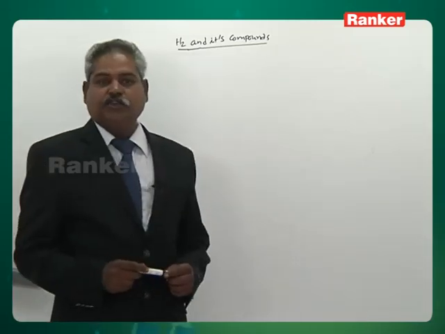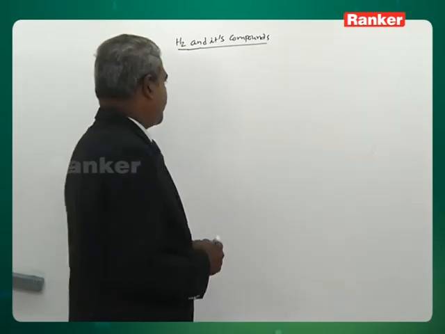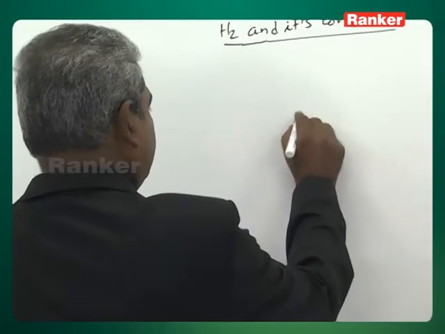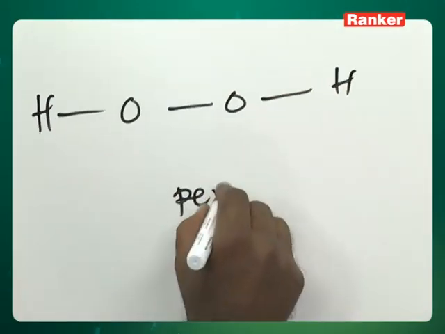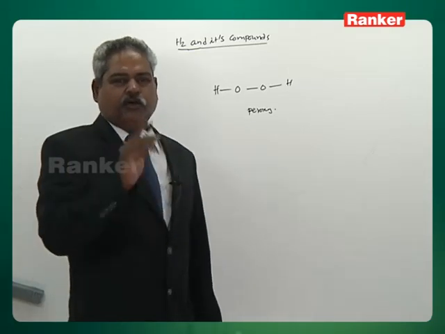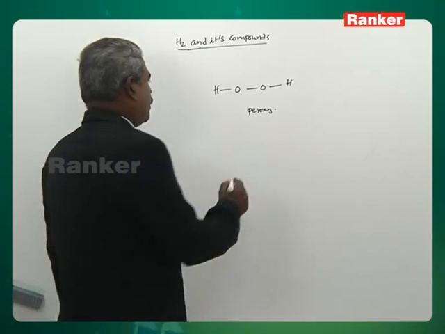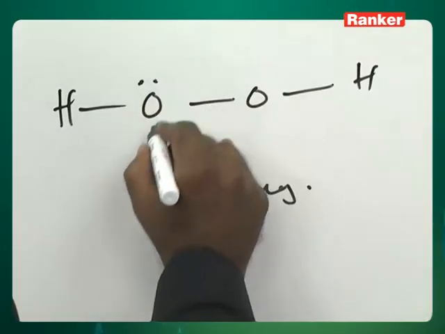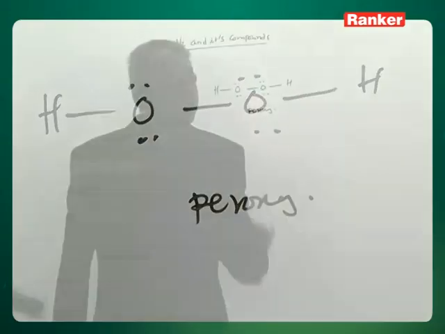Regarding the reactions of H2O2, there is a peculiarity in H2O2. This OO bond, called the peroxy bond, is almost the second weakest covalent bond. Why? You have too many lone pairs here, two lone pairs. Because of the lone pairs, the bond breaks easily.